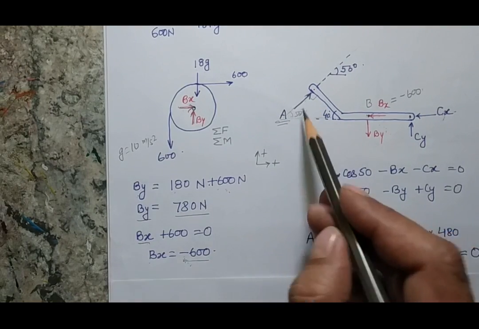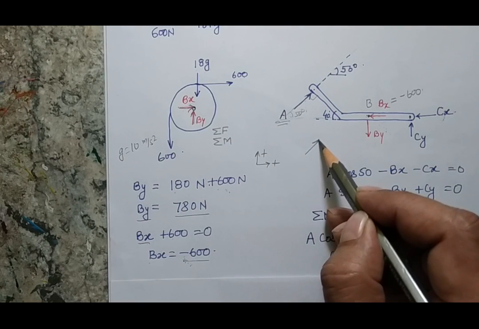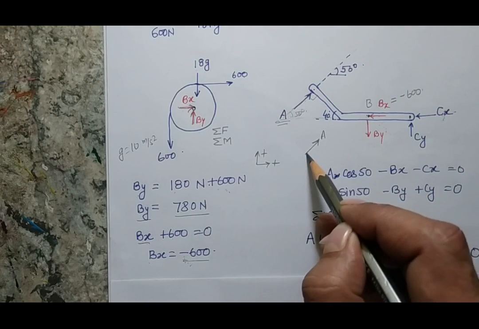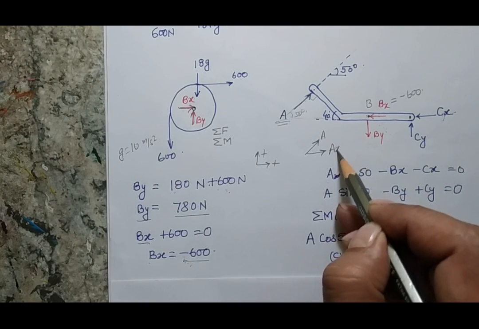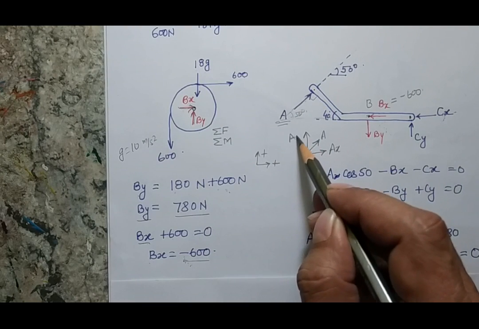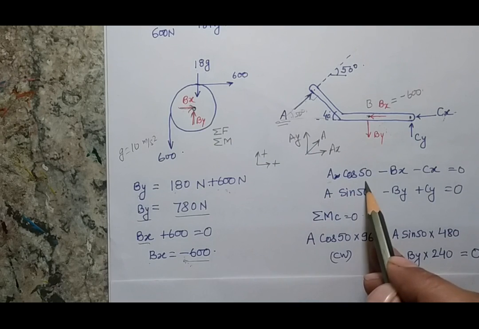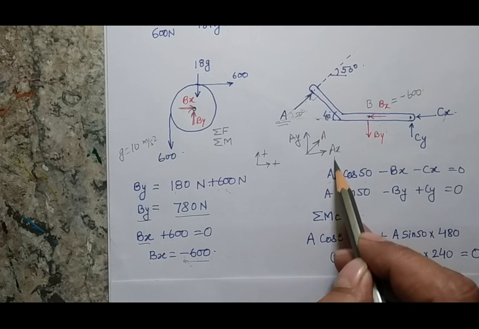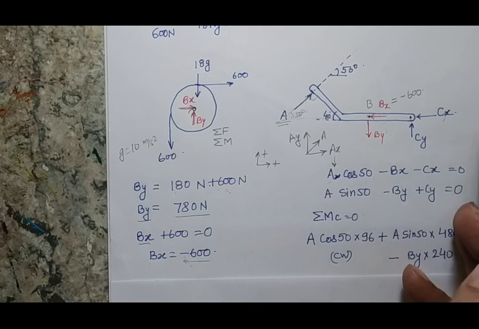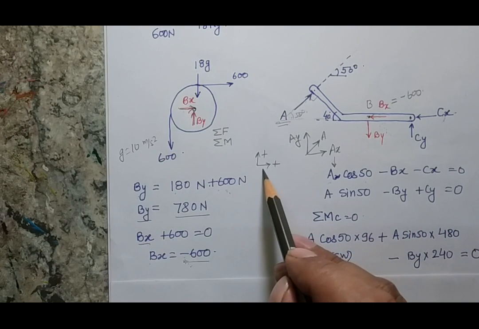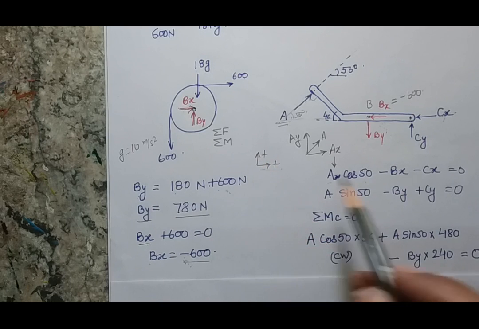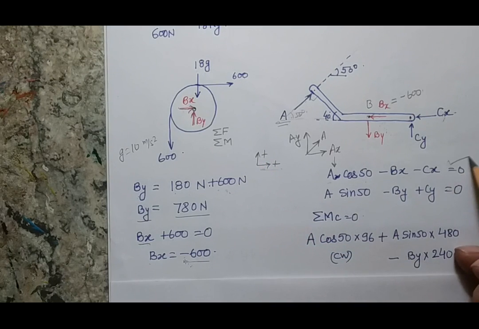This is my force A, so one of the components will be in this direction, the horizontal, and one of the components will be in the vertical direction. So if I balance my forces, that's A cos 50, minus Bx and minus Cx, because here also I am assuming that the rightward is the positive direction and upward is the positive direction. So my horizontal force balance will give this equation.